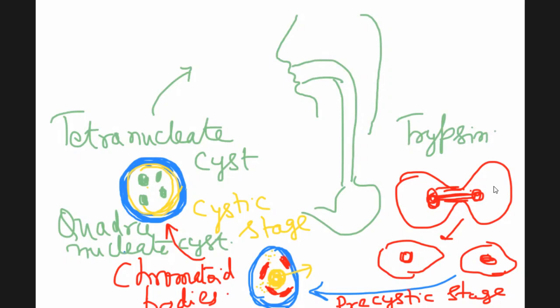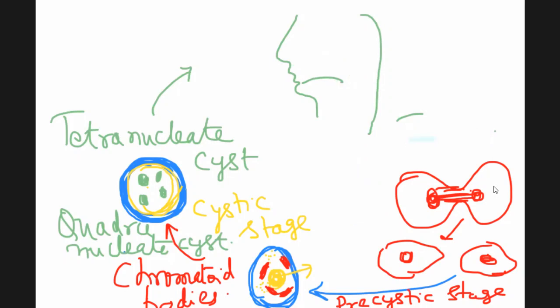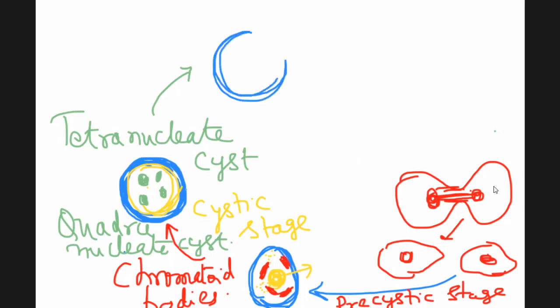Then the Entamoeba comes out of the cyst. The cyst is dissolved, and the Entamoeba comes out.